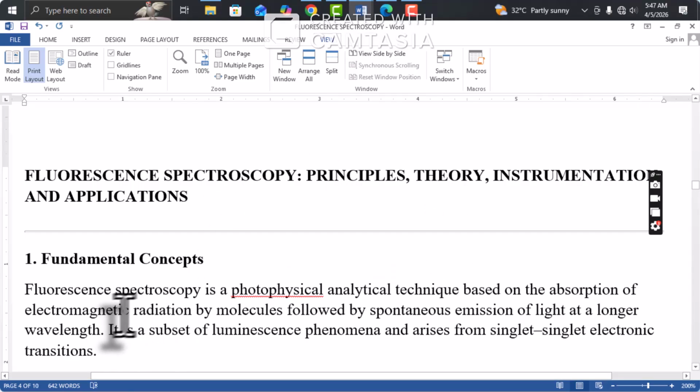Remember I told you for something to fluoresce, you must subject it to an external radiation, maybe UV radiation in the case of currency notes. So for fluorescence, you must introduce maybe UV light for that chemical or material to produce its own light.